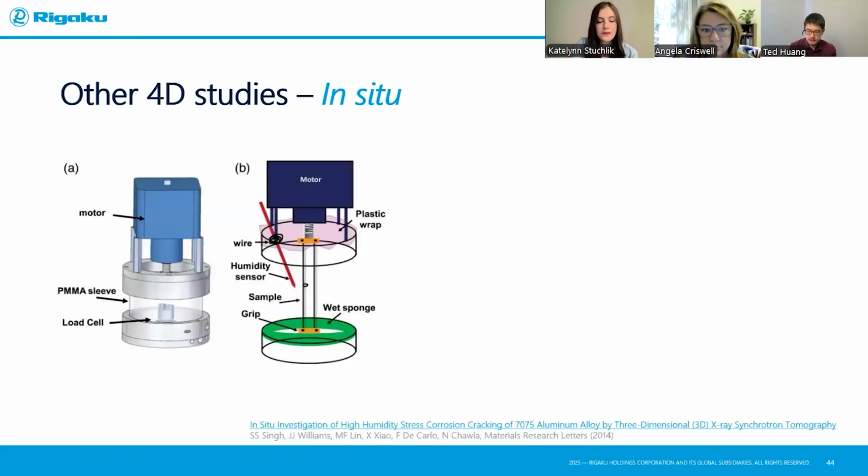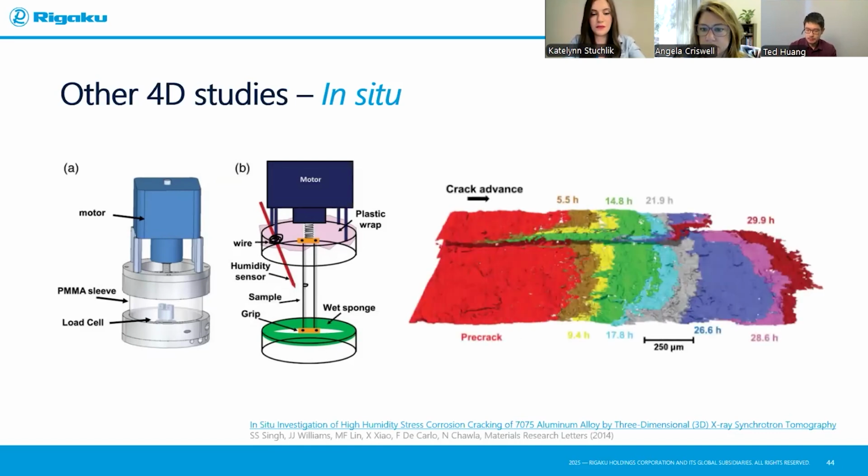In another case, this is done by another colleague of mine, Professor Charles, previously during my PhD. This is a tensile stage, but with some atmosphere control to induce a corrosive wet environment to study stress corrosion cracking. So in this case, we were able to see how the crack advanced throughout time with the combination of tension and corrosive environment.